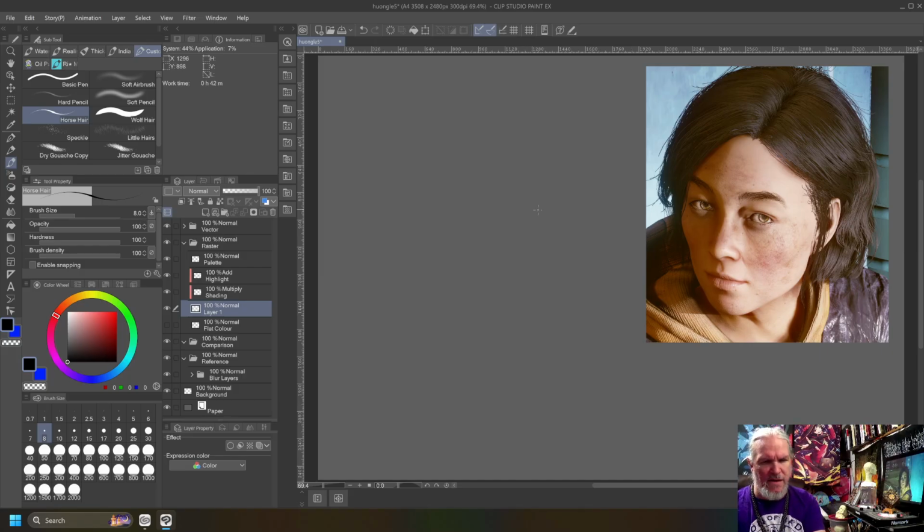So the idea here is that I want to get these at about the right level. I've just been trying this over and over again to see if I can get the placements correct.